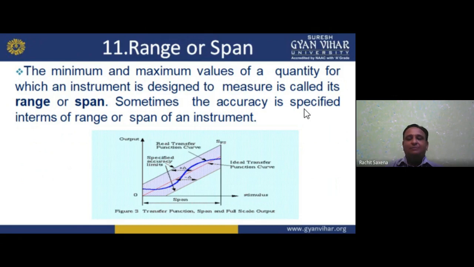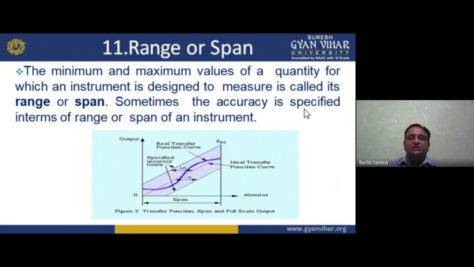For example, I'm using a meter which ranges from 0 to 250 ampere. The specified range is 0 to 250: maximum 250, minimum 0. So 250 minus 0, we have a span of 250.